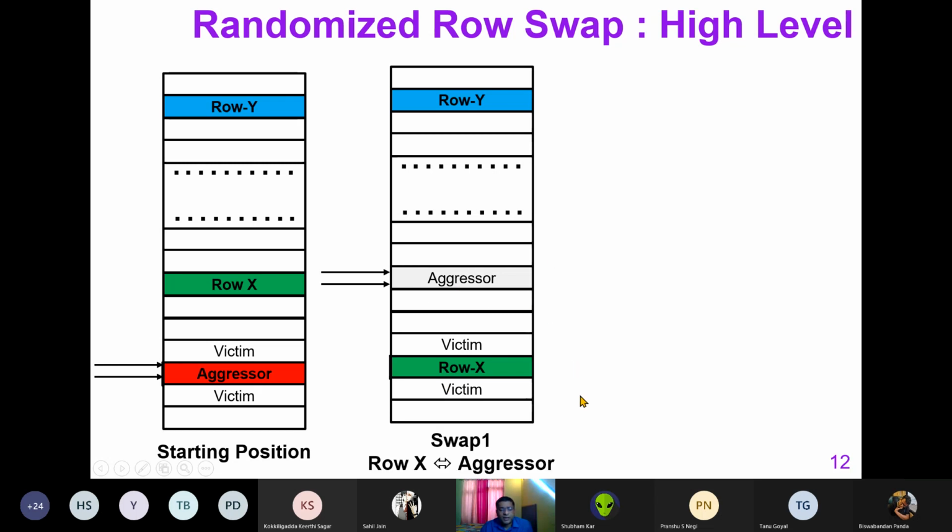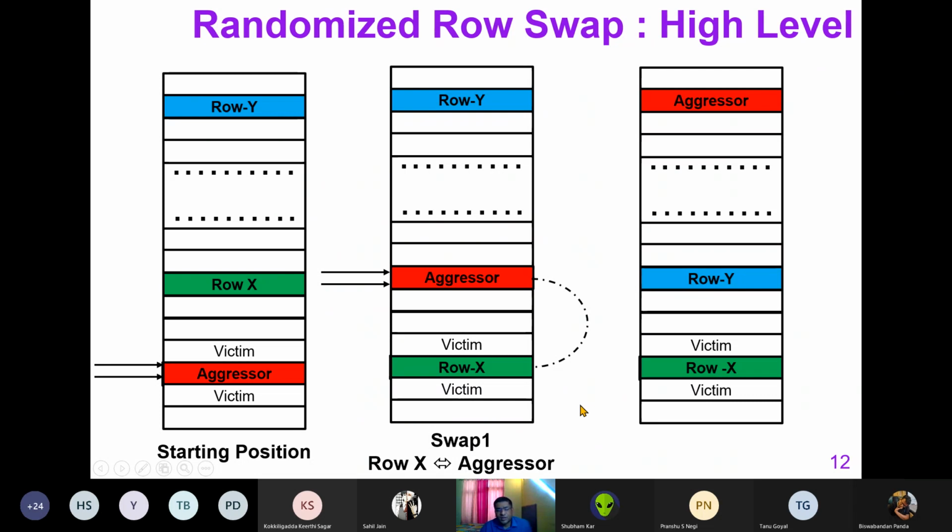Then if more activations come on the new aggressor location, again it will be swapped. So after this, row Y will come here, then the aggressor will go there. In this way this will continue, and the location of the new row is randomly generated using a PRNG.